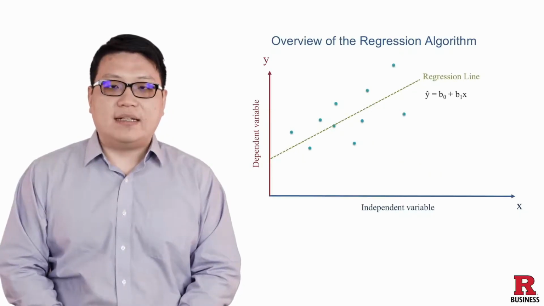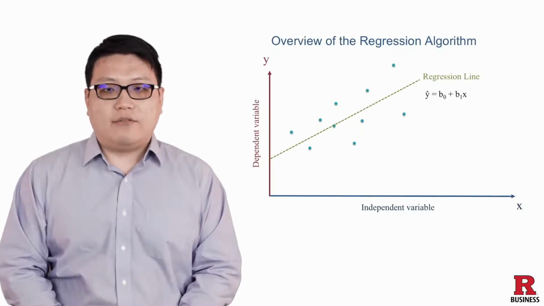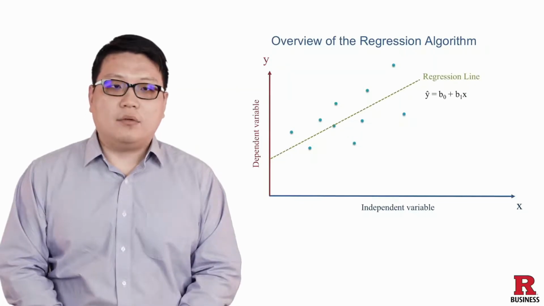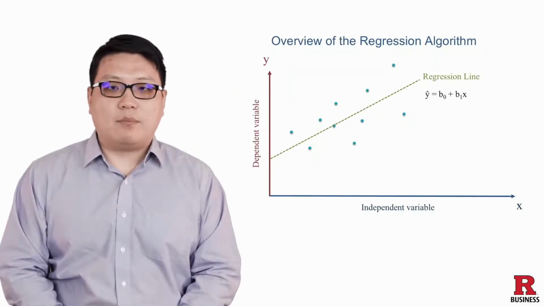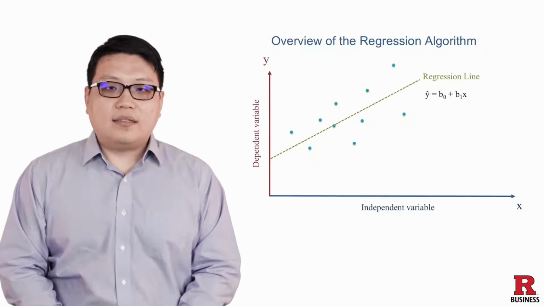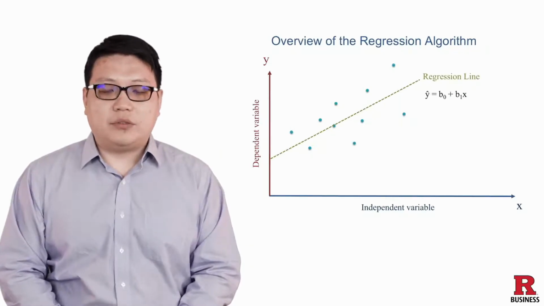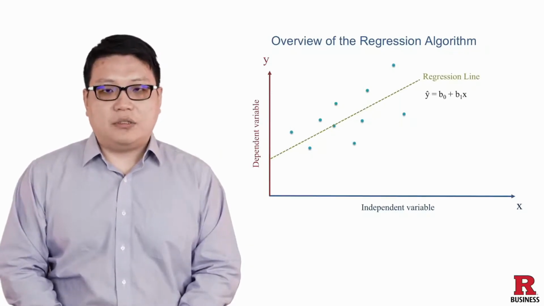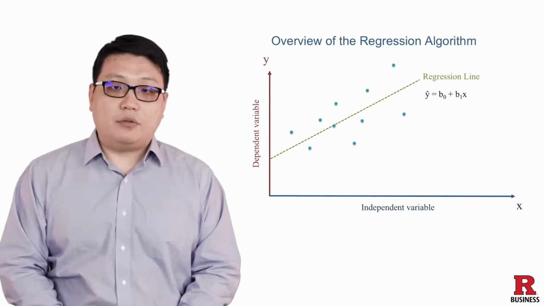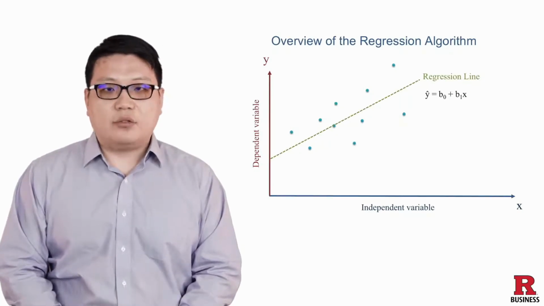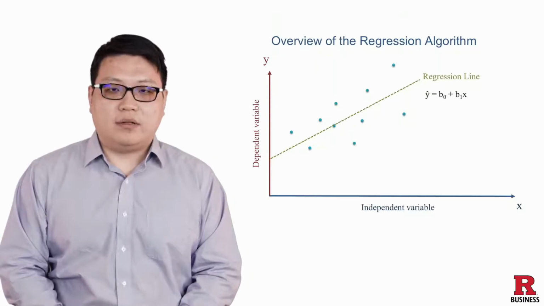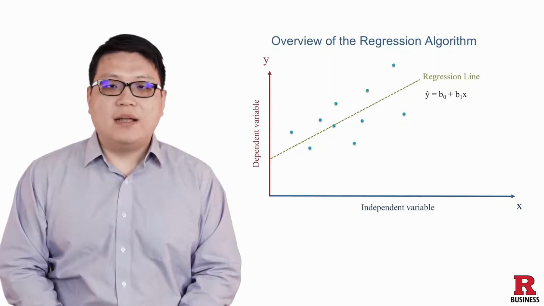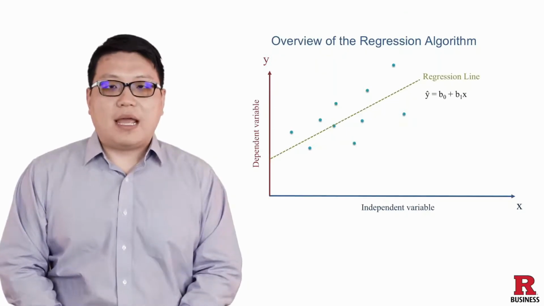A regression line can usually be presented with the equation y hat equals b0 plus b1 times x. Y hat denotes the estimation. In statistics, if we use y, we represent the actual value. Y hat, with a little hat on the letter y, means the estimation.